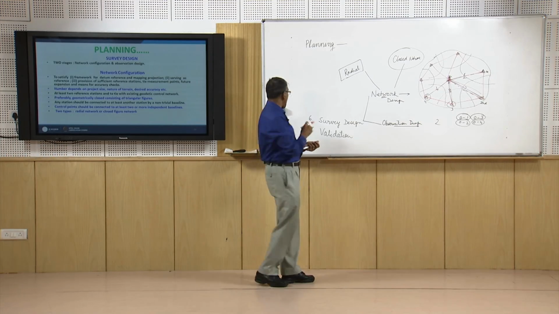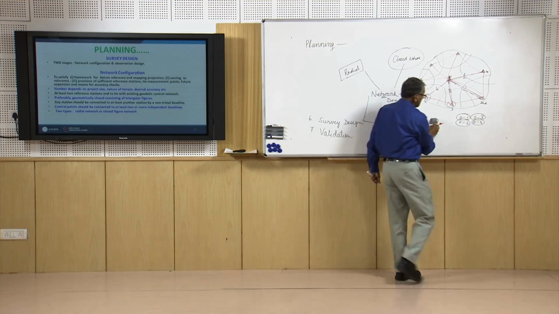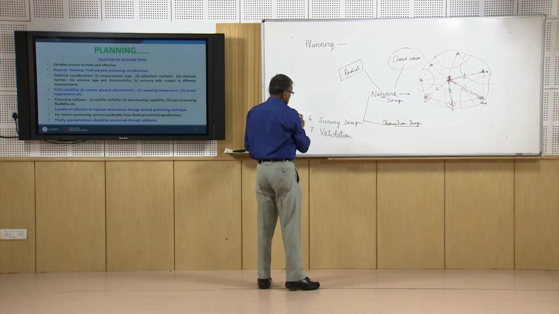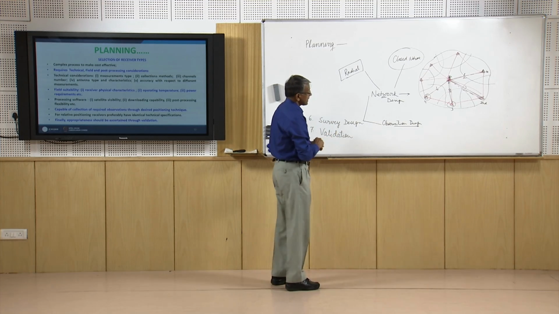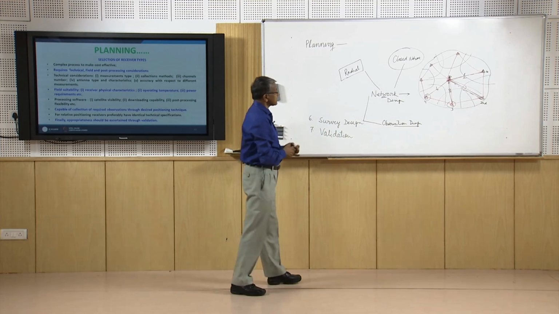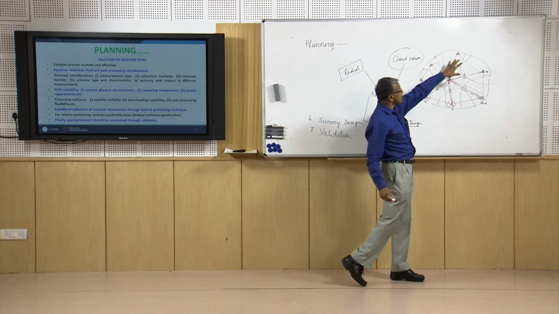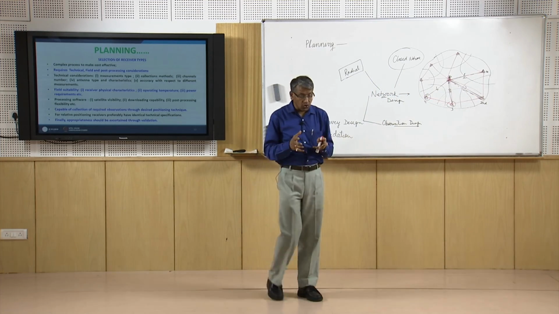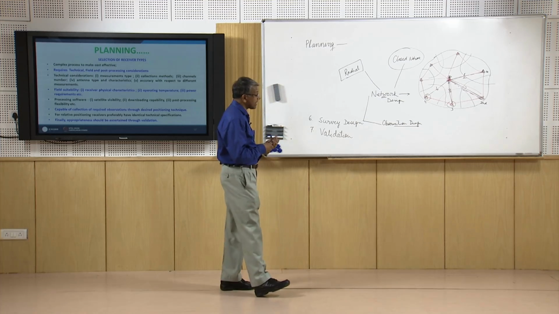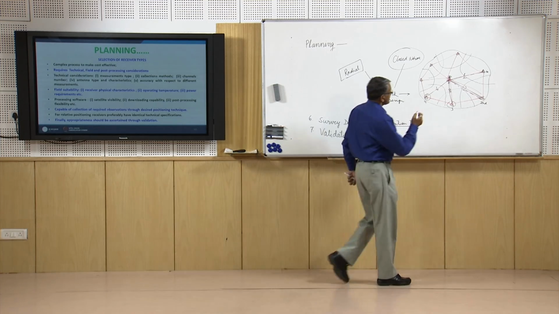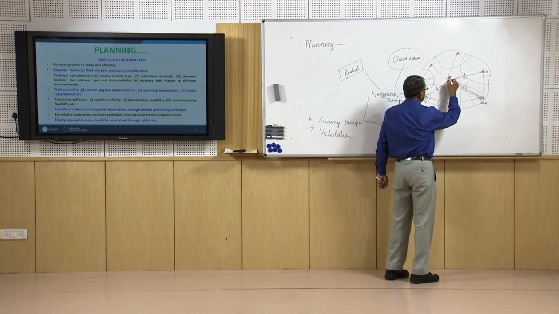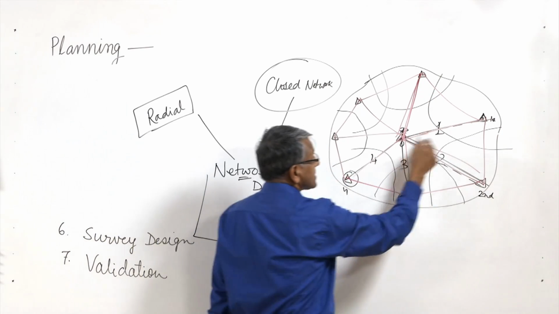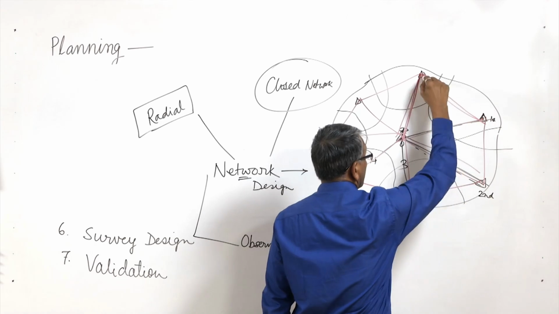Like this, and generally we will need more than 2, at least 3 or 4 receivers. So, in a closed network, generally we go for baselines which form a closed network of triangles, and the observations will be taken in such a way that at least 2 adjoining stations should be observed simultaneously.